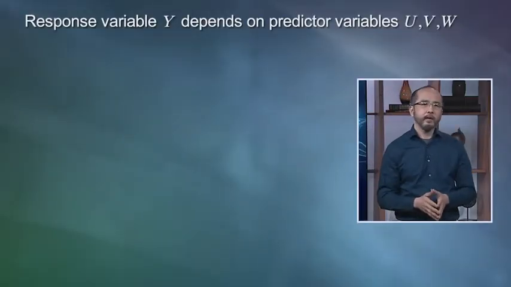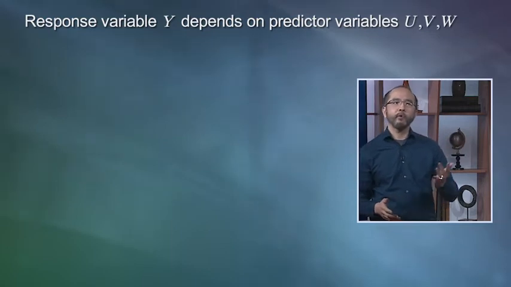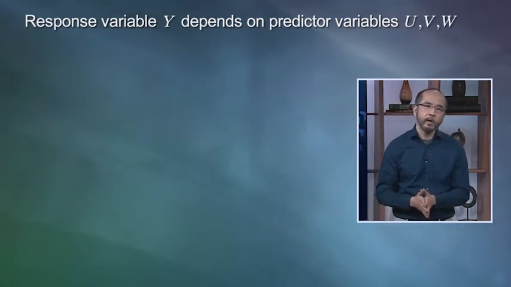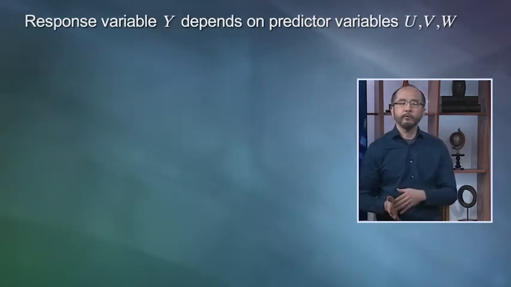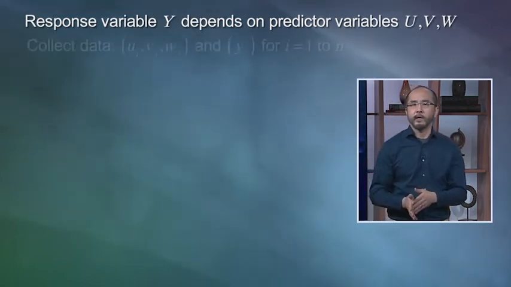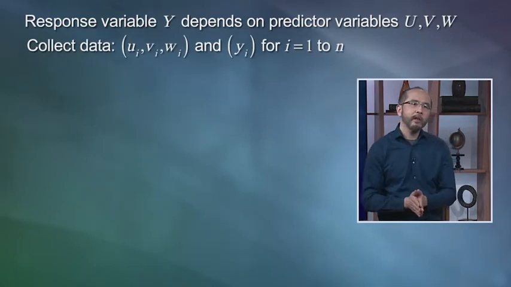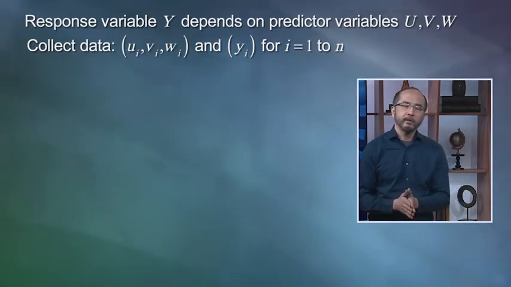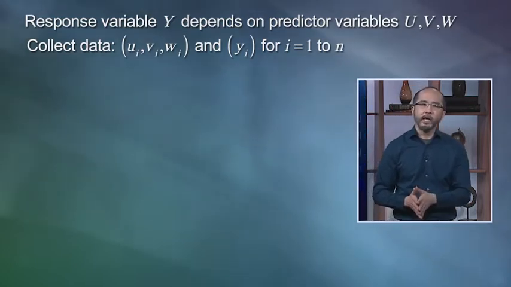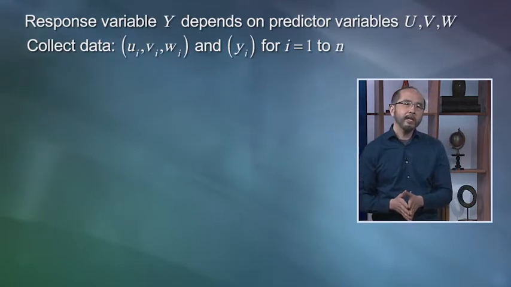To fix a particular example, suppose we have one variable, call it y, the response variable, and multiple predictor variables, u, v, and w. Suppose also we make some large number of observations, say n observations, and we've collected data u_i, v_i, w_i, and y_i, for i equals 1 to n.